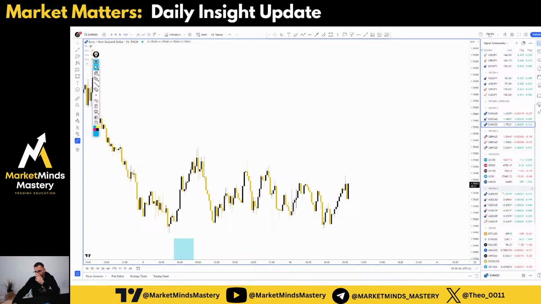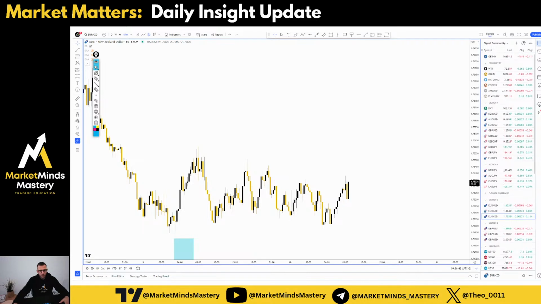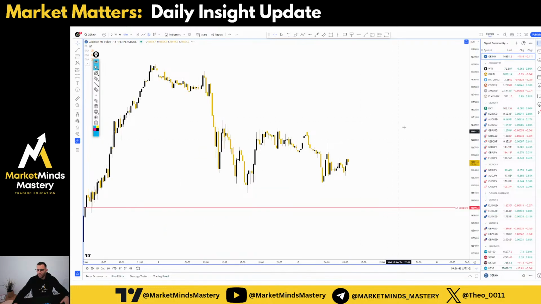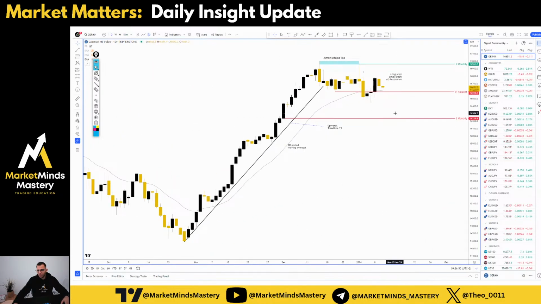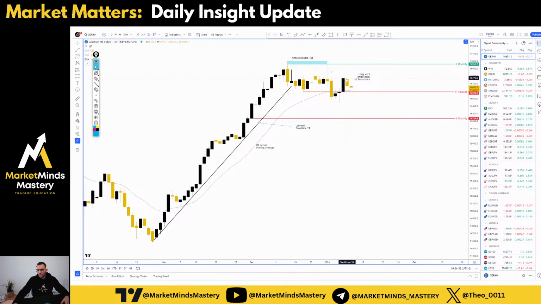Guys, any other currency pair you would like to see analysis today? I think we covered pretty much everything. German 40, for our friends who are going to trade the London Open. Again, yesterday we expected to see some more bullishness, but we acknowledged the fact that price was sitting at support, at resistance, and retraced all the way back to the 20-period moving average.